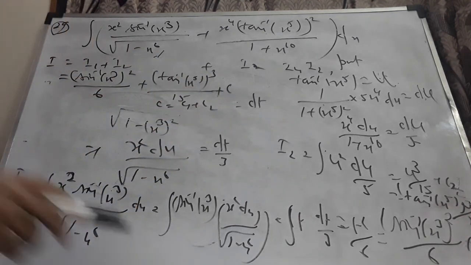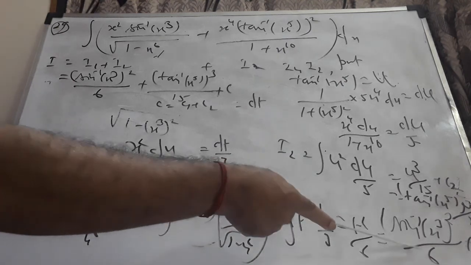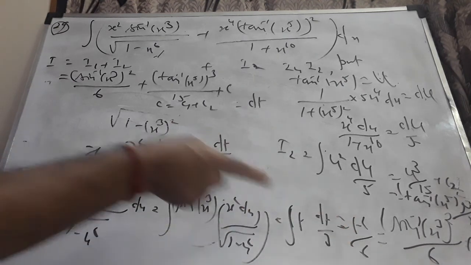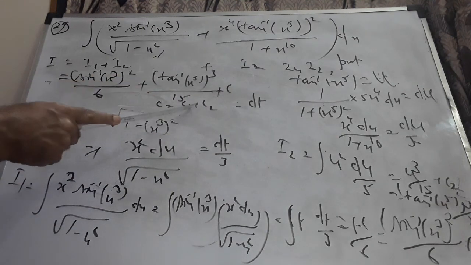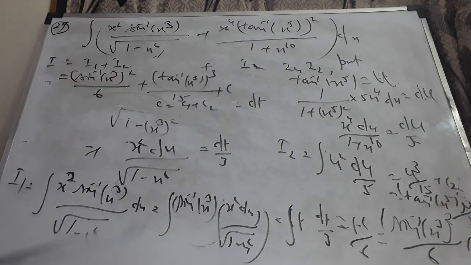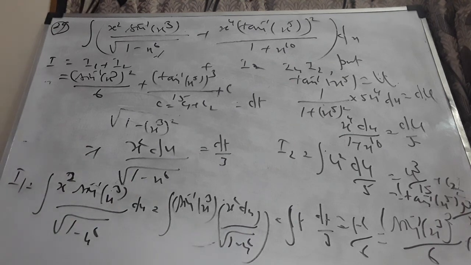This is my I1, sin inverse x cube by 6. This is my I2, tan inverse x power 5 the whole cube by 15, plus c1 plus c2. I'll make it another constant c.